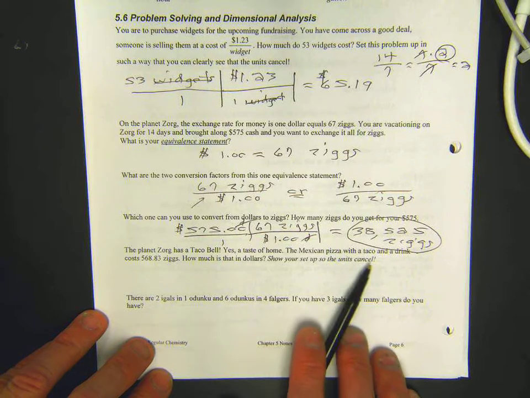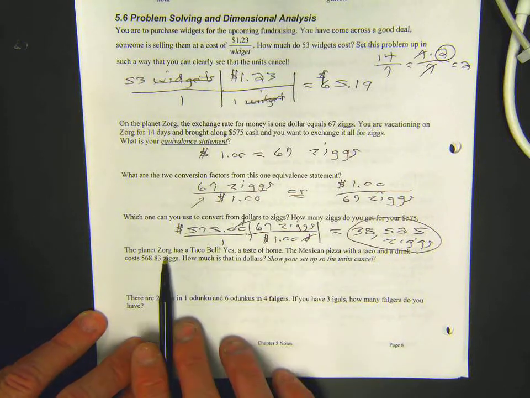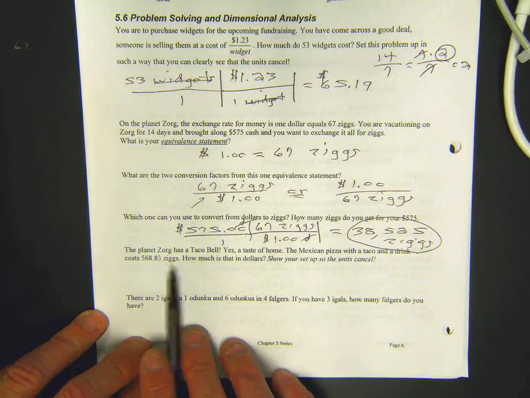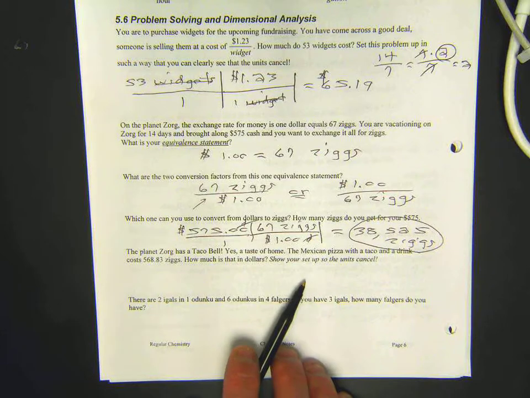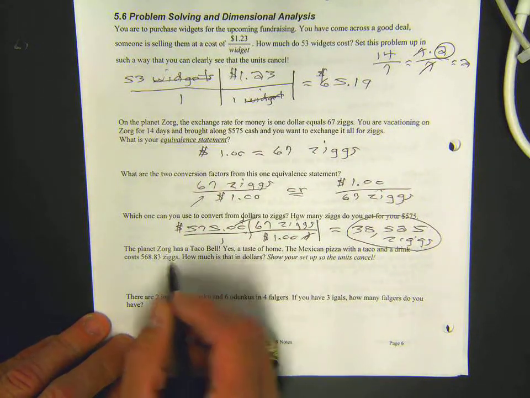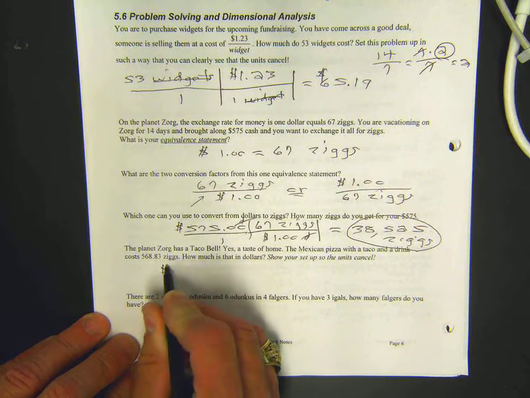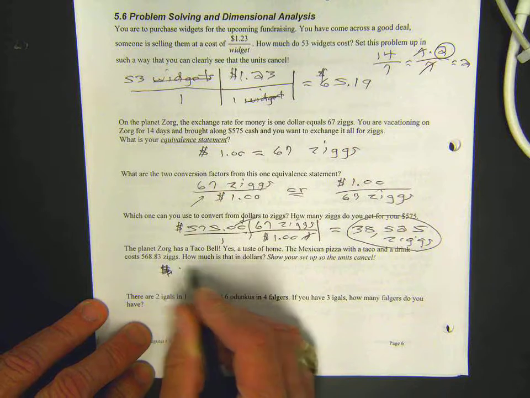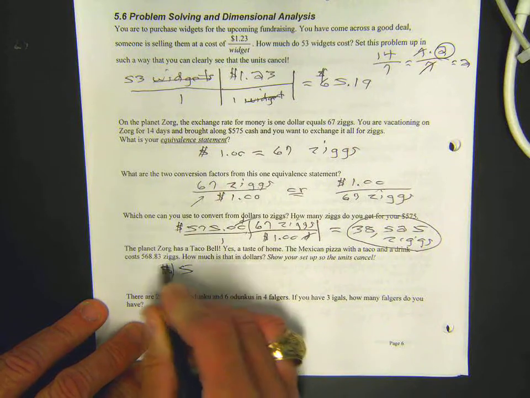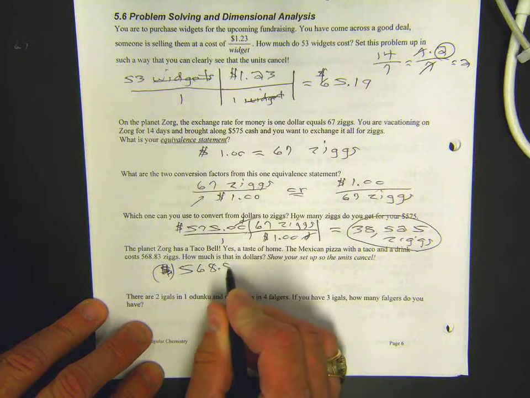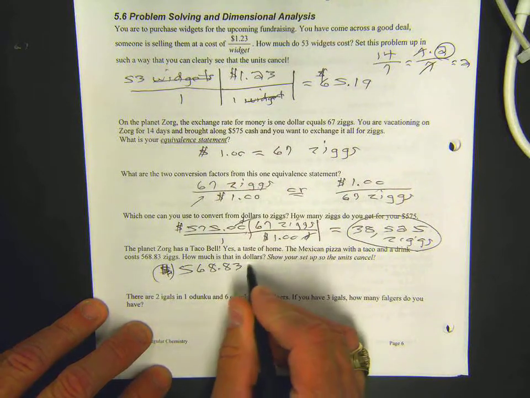The Mexican pizza with a taco and a drink costs 568.83 zigs. How much is that in dollars? So set it up so that your units cancel. In this case, I'm going to start with my known, which is 568.83 zigs.